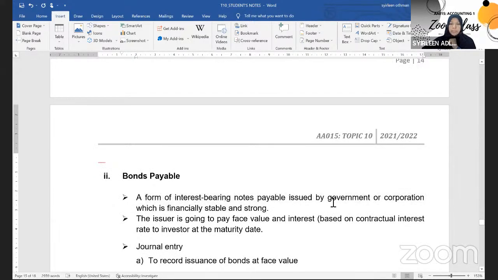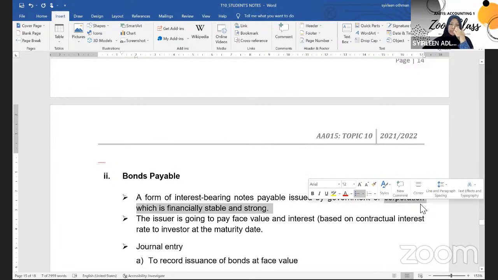Okay, normally issued by a government, alright, or a corporation which is financially stable and strong. So normally yang bagi ni, not everybody are eligible for issuing a bond. Okay, so bond ni macam ikatan lah.